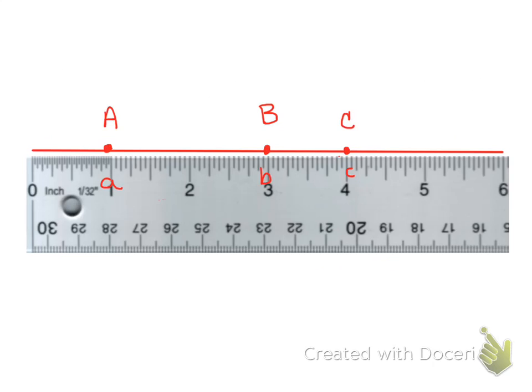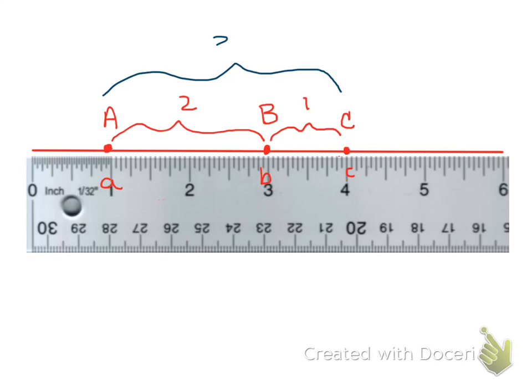So the idea of the betweenness of points theorem is saying that if B is between A and C, then we can be guaranteed that the distance between A and B, which we know is 2, plus the distance between B and C, which we know is 1 based on our coordinates, should equal the distance between A and C, which in this case is 3.